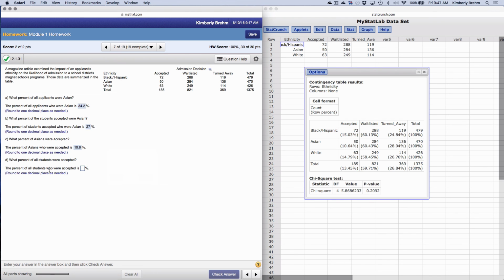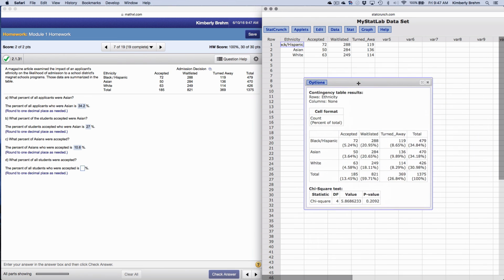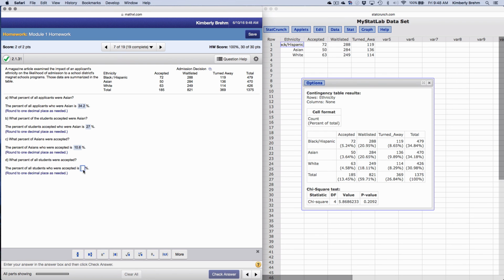And then the percent of all students who were accepted, again, I would go back to that original where I did percent of total, and then all students that were accepted is the 185 out of 1375, which is 13.45%. Now be careful on this one because StatCrunch is automatically rounding to 2 decimal places, which means this could be 13.447, which means over here I'm going to get that wrong if I put 13.5.